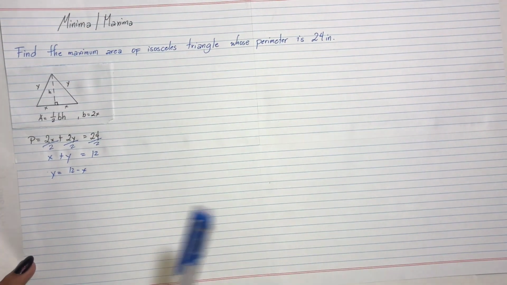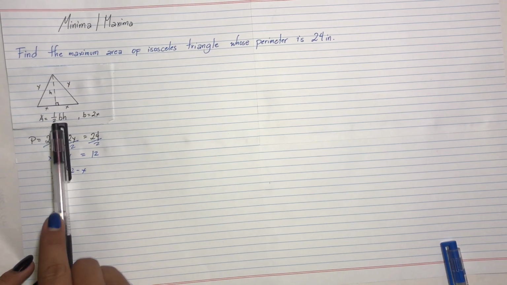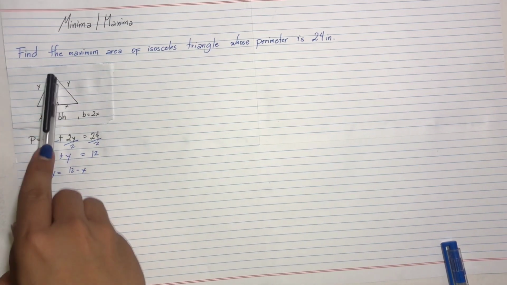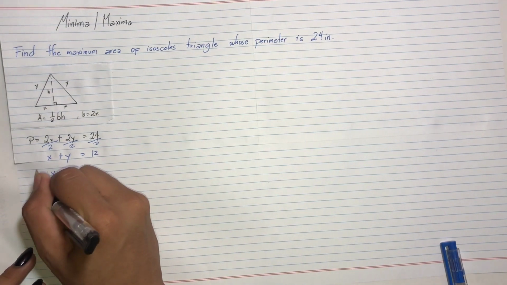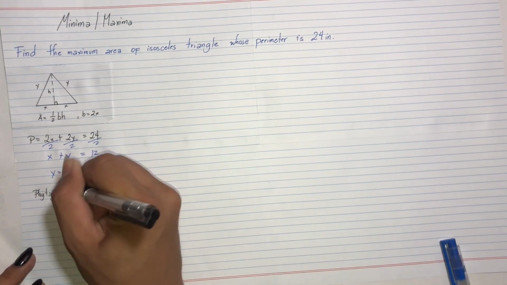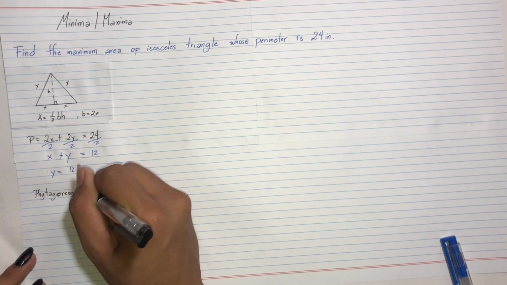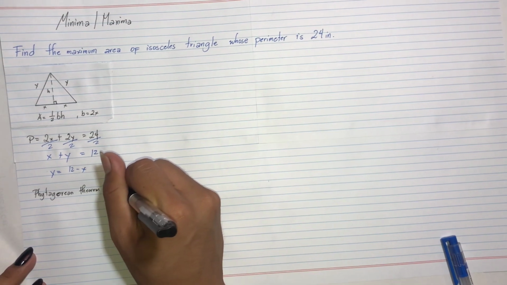We now have an equation expressed as a function of x. So in order to find the area, we need to find the height. Since our triangle forms a right triangle, we can use the Pythagorean theorem to find the height.